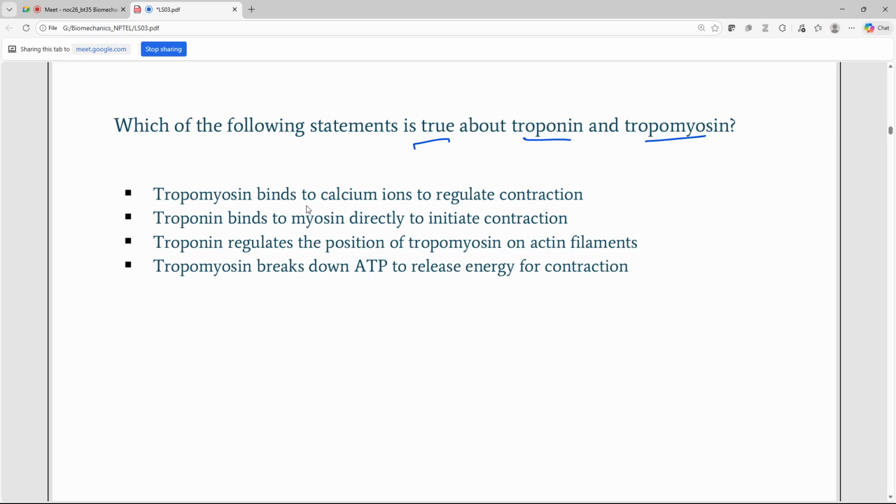Tropomyosin binds to calcium ions to regulate contraction. Troponin binds to myosin directly to initiate contraction.